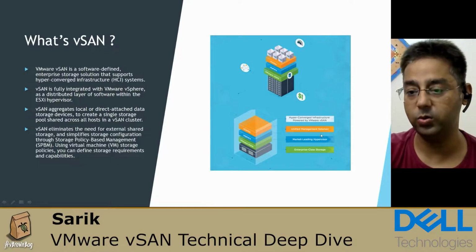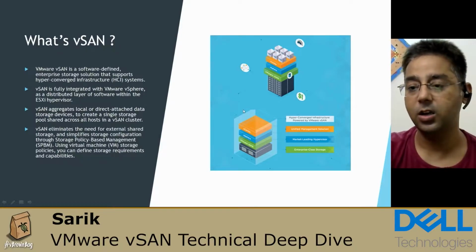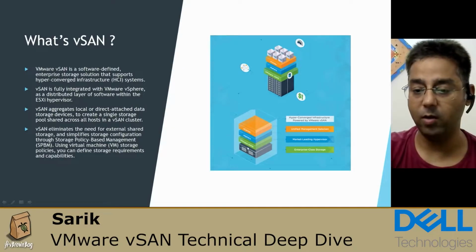So we can use a vSAN ready node, the physical ready node, or we can add our ESXi hosts where we attach local disks within the blade, and all those local disks can be used for the vSAN file system. We will discuss the architecture and other stuff.